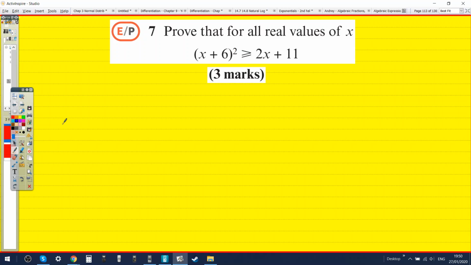So prove that. Do I need to expand the brackets first for the left bit? Yep. And so that will be x squared plus 12x plus 36.